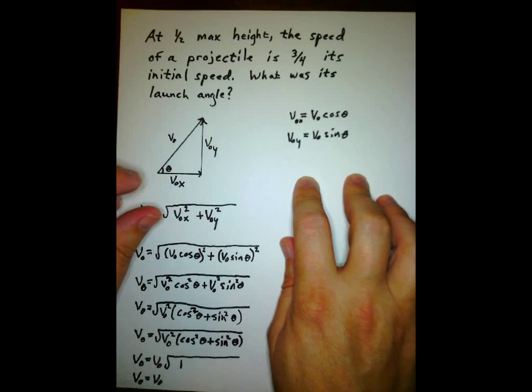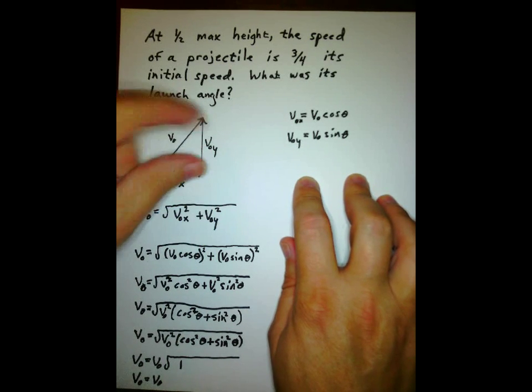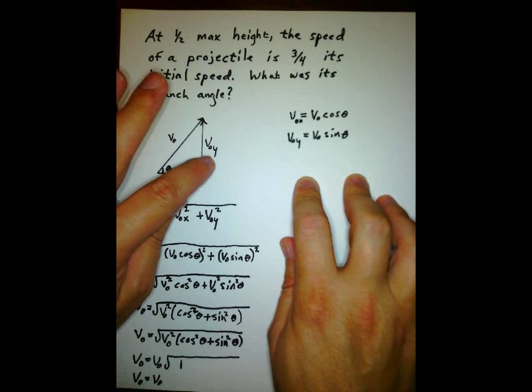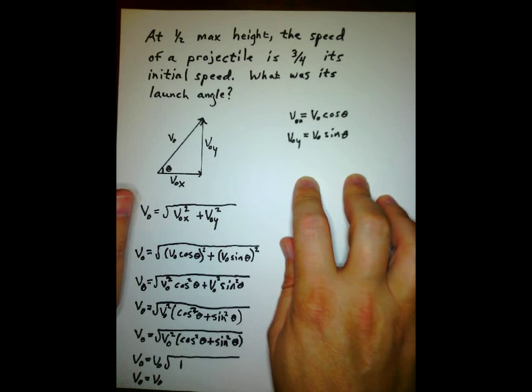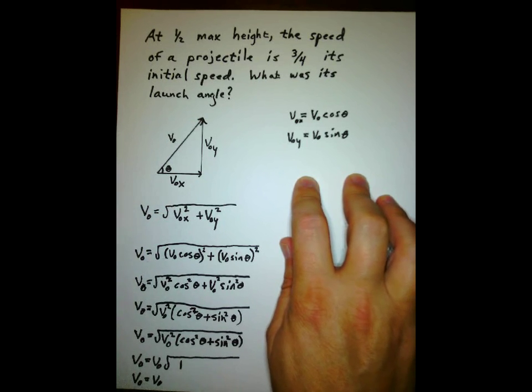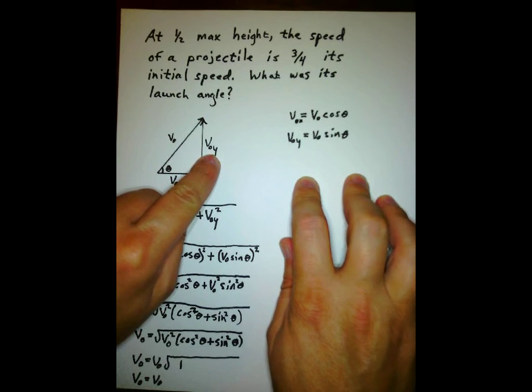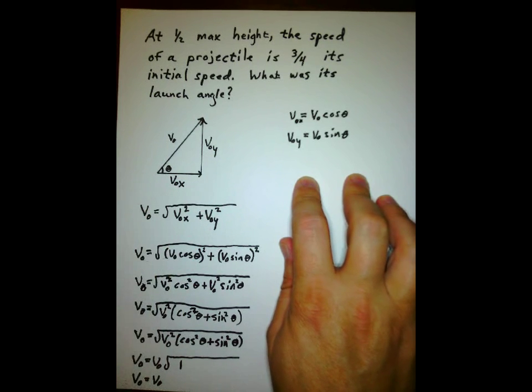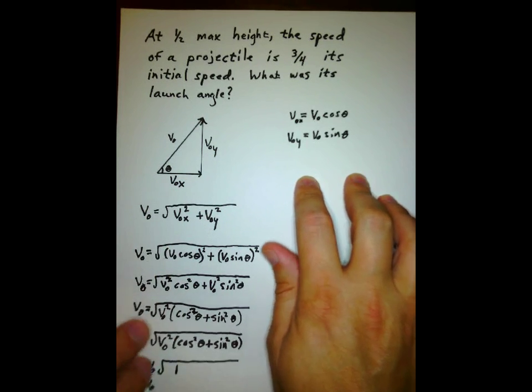Our vertical component is going to get smaller and smaller, or slower and slower, as this projectile gets closer and closer to its maximum height. So that's what we're working with here. Most of the work we're going to do on this problem is going to be with the vertical velocity because the horizontal velocity never changes.